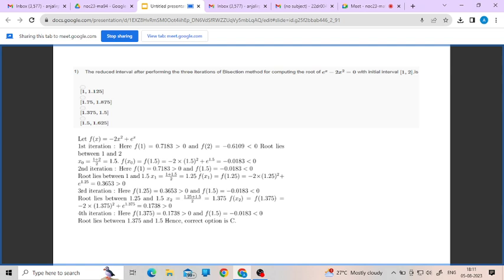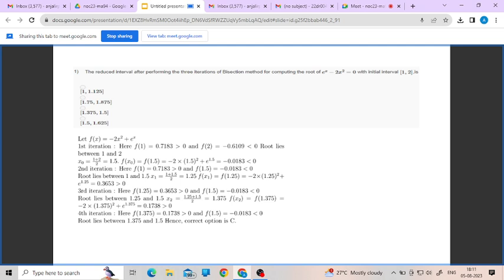Now for the second iteration, the root will lie between 1 and 1.5. Okay. So again we are calculating the mean value, that is x1, that is (1 + 1.5)/2. So you'll get 1.25. So calculate the function value at 1.25. You will get 0.3653. That is a positive value. So now here at 1 we were getting the function value as positive, and at 1.5 we were getting it as negative.